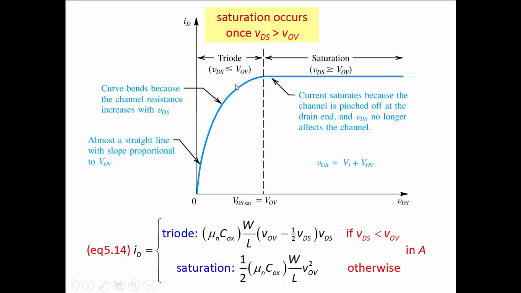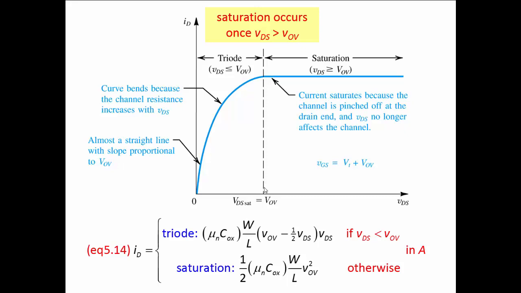At the point that VDS is equal to VOV, right here at this dashed line, the channel at the drain goes to a depth of 0. We say that the channel is pinched off, and we're going to talk a little bit more about what that means shortly. But for the moment, what we are claiming is that for VDS greater than VOV, the channel doesn't get any shorter.